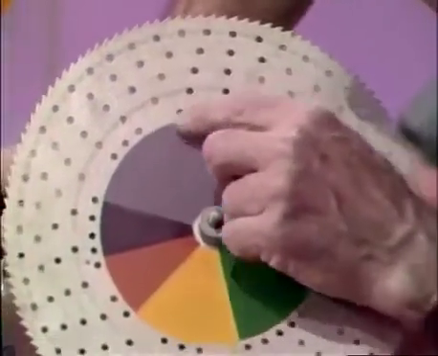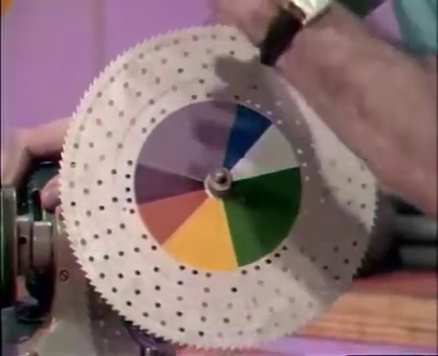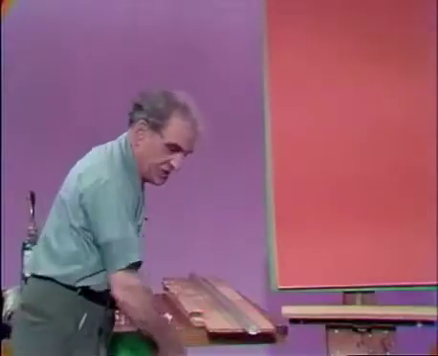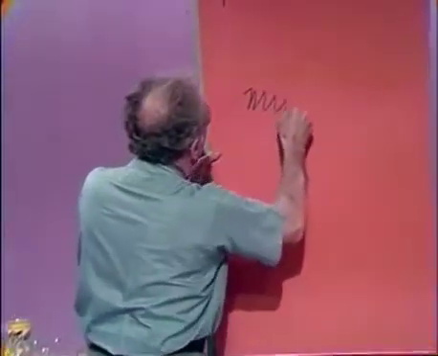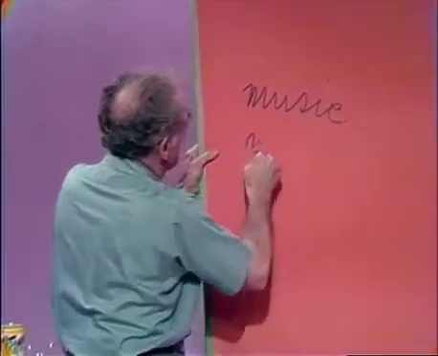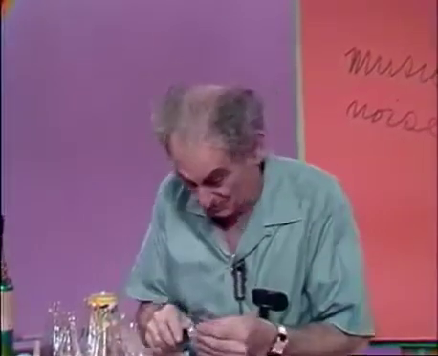The innermost row of holes has its holes unsymmetrical. So, if you give me your attention, I am going to try to show you the difference between music and noise. Now, I'm going to have some difficulty with that because for some, boogie-woogie is music, but for some of us, it is not music.